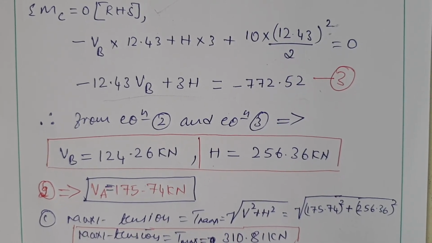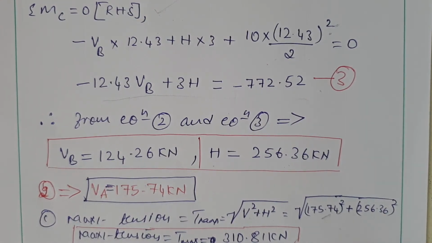We know T minimum we can directly consider as the horizontal force. H will be equal to T minimum, and T maximum will be the root of V square plus H square, where V is the maximum vertical reaction. The maximum vertical reaction is 175.74, so I am considering that one squared plus the horizontal, 256.36 squared.